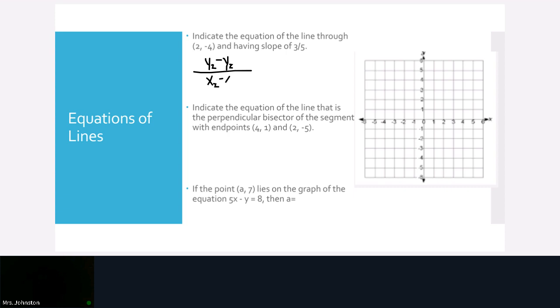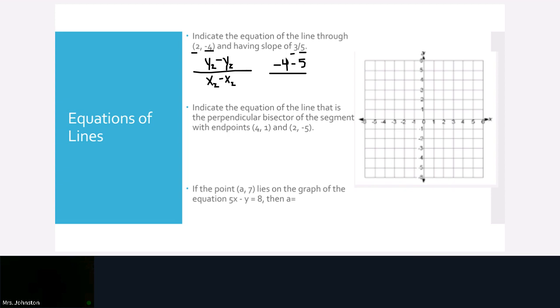So let's try it out with a couple of these problems. Here I've got -4 and 5. It doesn't matter which order you do these in as long as you're consistent. So -4 minus 5 over the x terms, 2 minus 3.